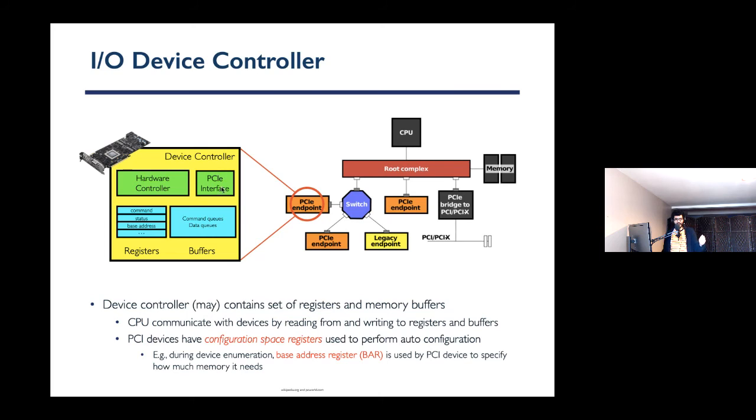Behind that interface usually sits a hardware controller, or a bunch of controllers. These controllers are in charge of the device and understand all the things that the device does. Through the PCIe interface, they communicate with the rest of the system.